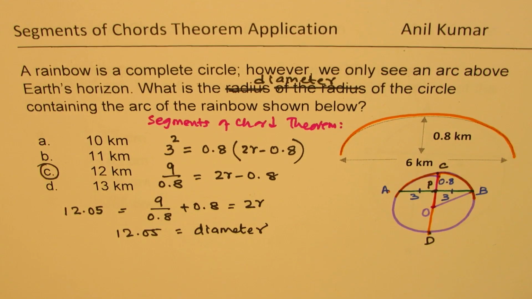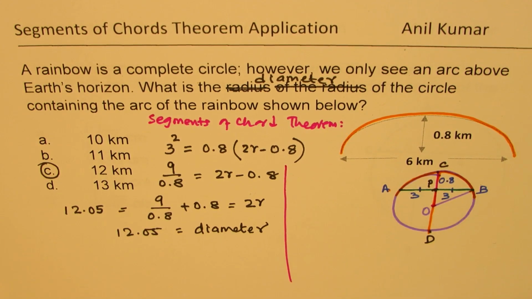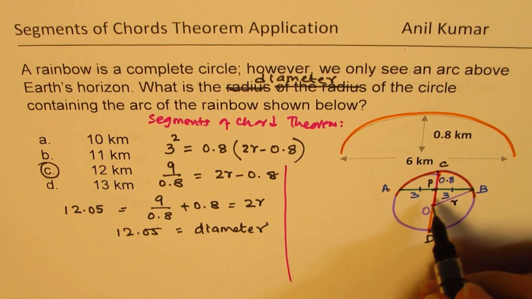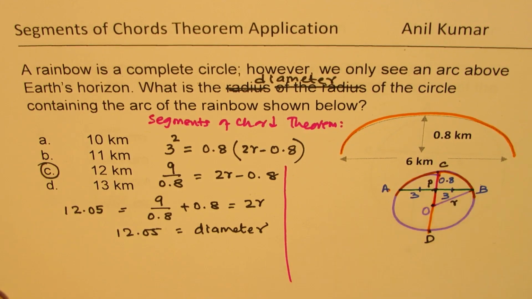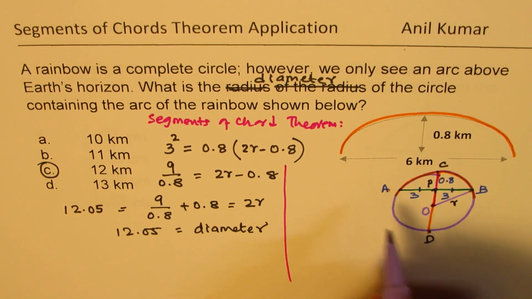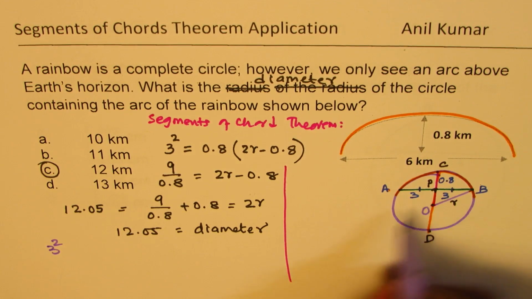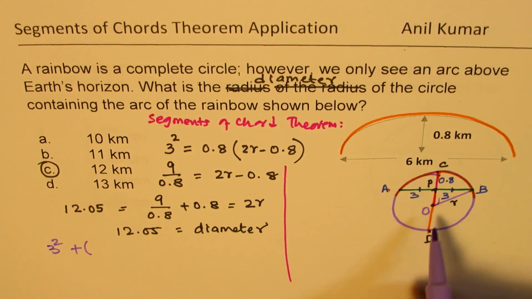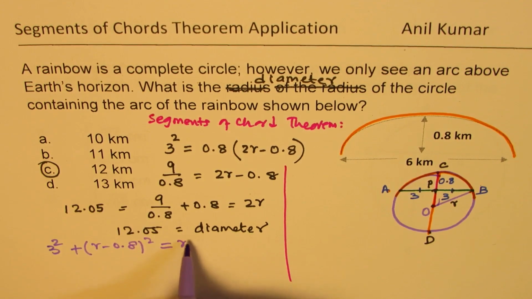Okay, so that's one way of doing it. Well, you could also do the alternate method, which is, we know this is r, right? And this length will be r minus 0.8, and this is 3. So we know 3 square, we could write this equation and solve, which is 3 square plus r minus 0.8 whole square is equal to r square.